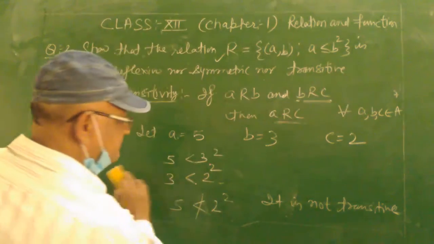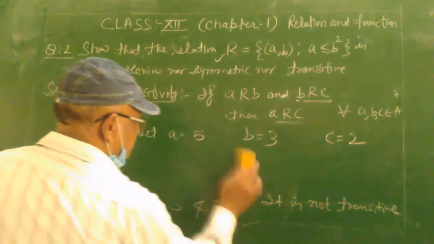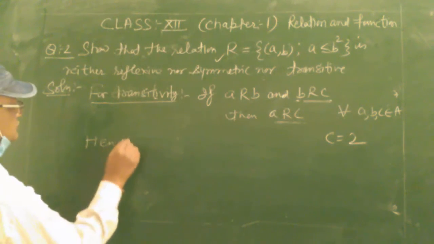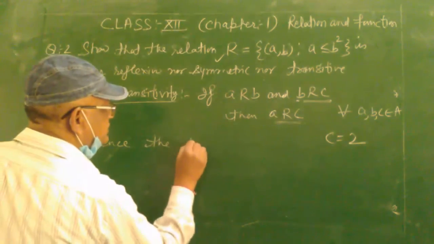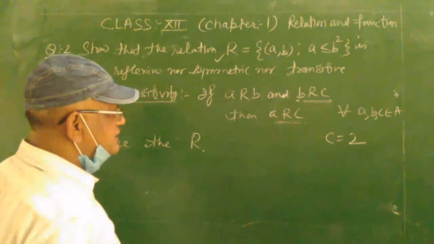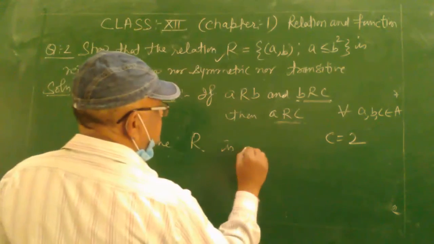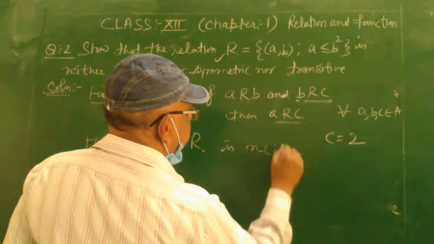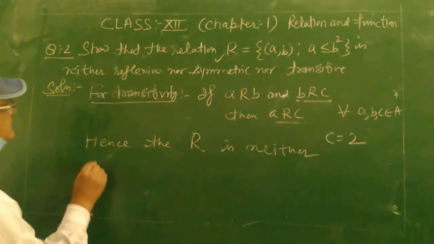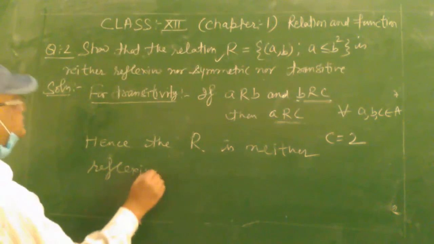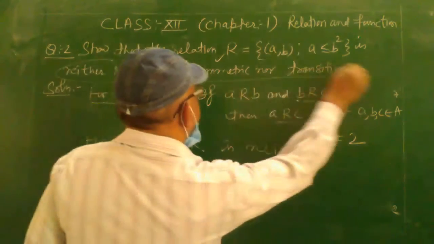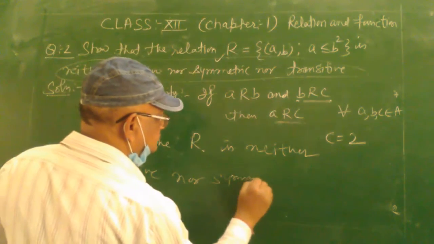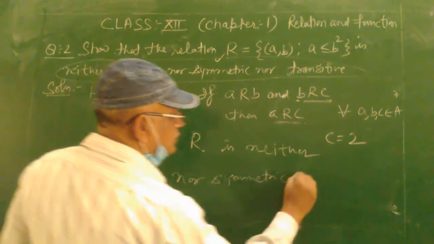So you must write, after writing this, you will write hence the relation को आप R से इंडिकेट कर रहे हैं, is neither reflexive, the same language you will use here, nor symmetry nor transitive.